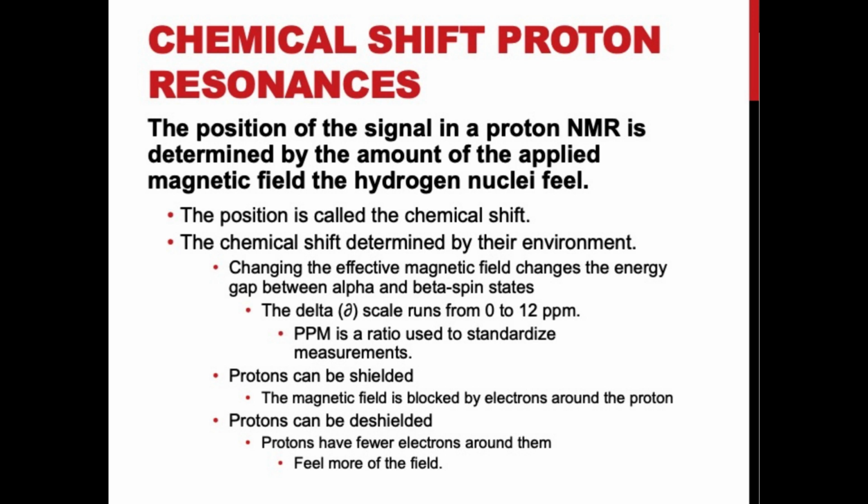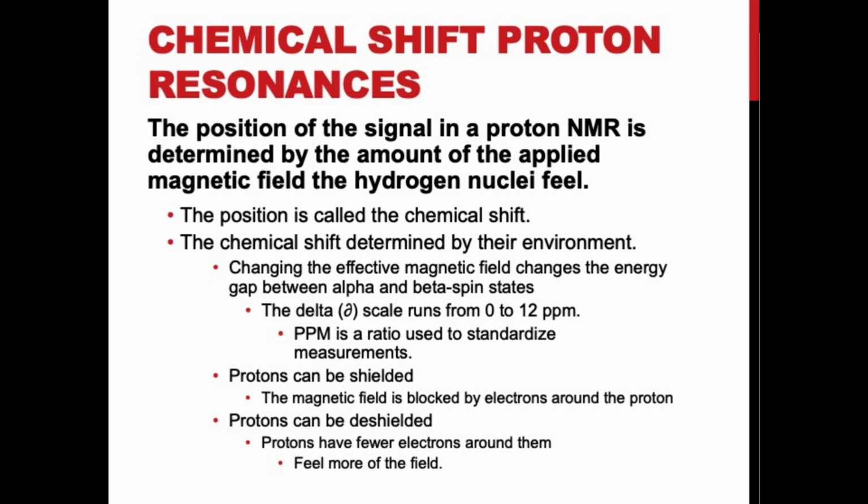So where that signal falls is called the chemical shift. And the chemical shift of a given signal is determined by the environment that the proton is in, right?